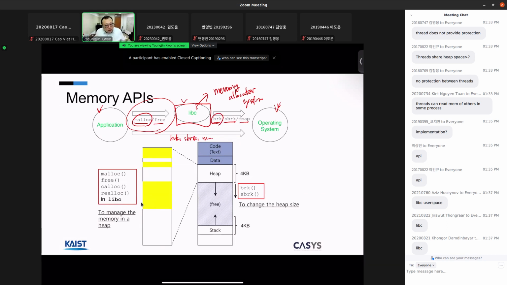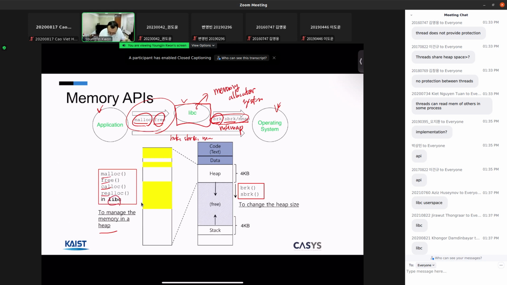So does the operating system have system calls named malloc and free? No. For malloc, we're using brk, sbrk, and mmap. For free, munmap. The system calls are translated. To manage the application's malloc, free, calloc, and realloc, libc does the memory management.